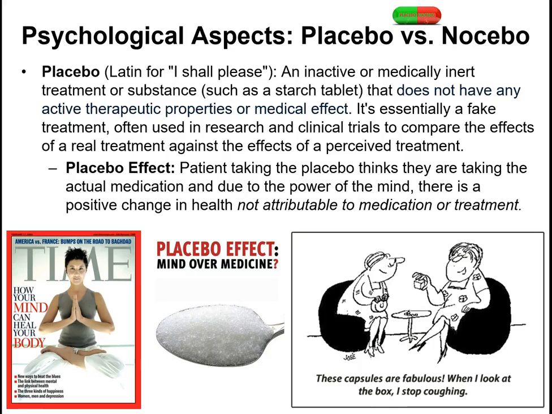So that kind of helps remove this power of the mind thinking that you are going to get better or not get better. So it's a really interesting effect, and there are some rare cases I've heard of where the placebo effect is actually used as a treatment. These are very rare cases, but it's interesting that it is sometimes used as a treatment to basically get the mind to trick itself into getting the body better.